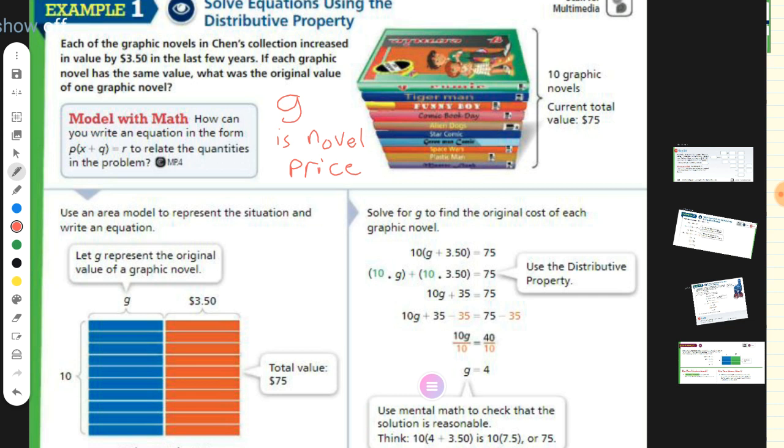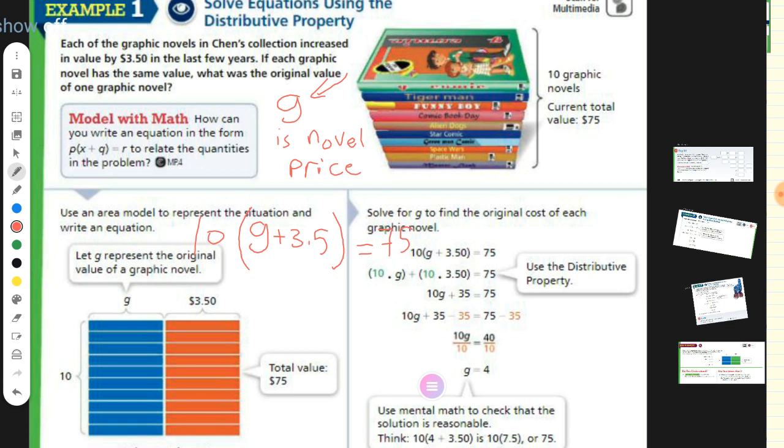Each one increased by 3.5, so G plus 3.5. How many novels do we have? We have all 10. So the total equals 75. What is the original price? Actually, the original price is G. This is the original price before the increase. So if we find the value of G, we solve the problem.